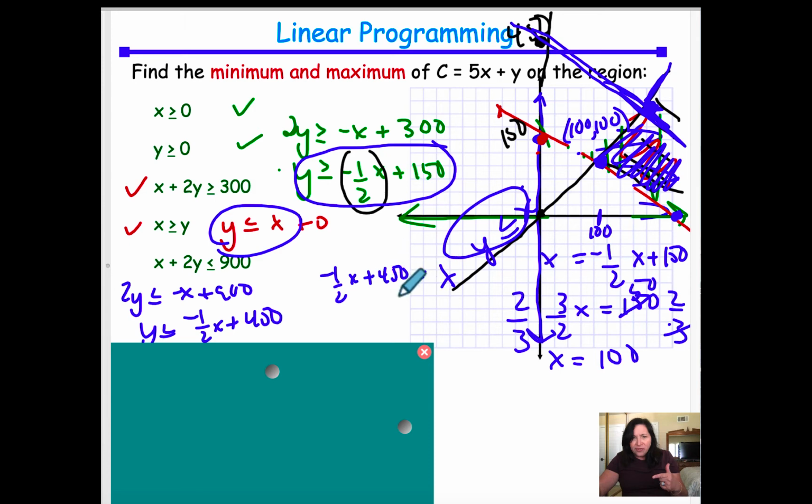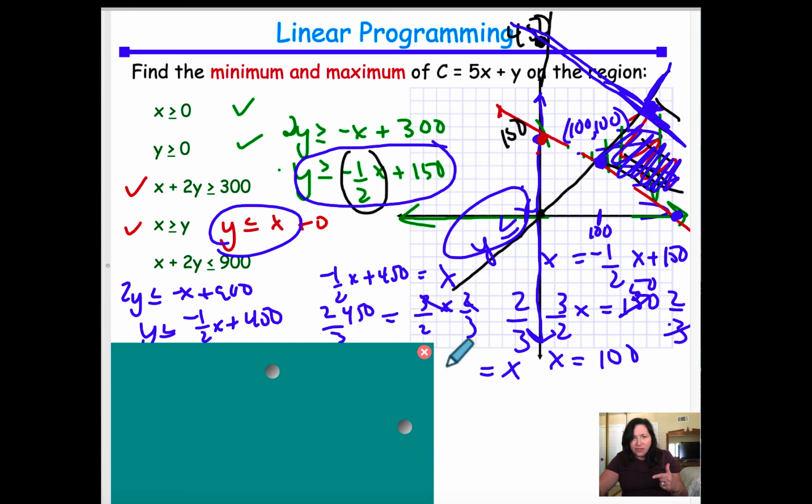Again, I'm going to add the 1/2, and so then I get 3/2, 1.5, which is 3/2 x, equals 450. I'm going to multiply by the reciprocal, which is 2/3 on both sides, right? Get rid of that. That's gone. I get x equals 450, right, divided by 3 is 150 times 2, right? 300.